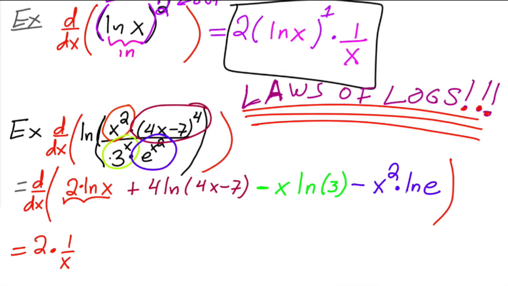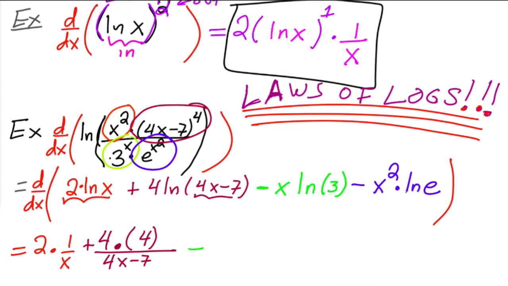And then I've got plus 4 times, and here I'm going to have to use the chain rule, of course. The derivative of natural log of stuff is 1 over the stuff, 4x minus 7, times the derivative of the inside, which is simply the number 4. So this is going to turn into 16.